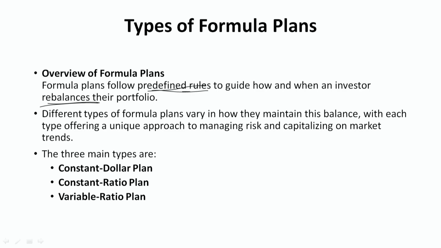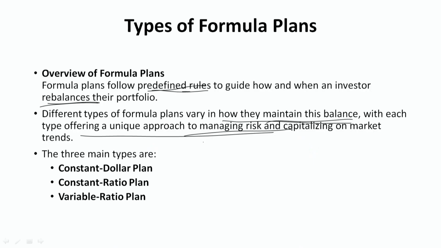And you can have different types of formula plan, and this is going to differ based on how to maintain the balance with the different risk and market trends which is prevailing. Okay. So, as I told you, you can have the proportion of money which you are going to put into the market in different assets. That could be one way, or I can also determine the proportion in terms of volume.